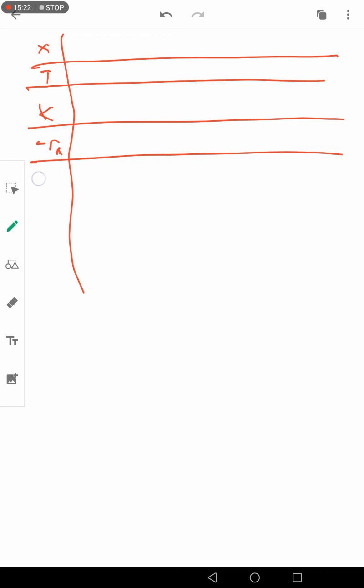Once you have negative RA, you boleh dapat FA naught over negative RA. So saya takkan kirakan untuk you, saya just bagi tahu.